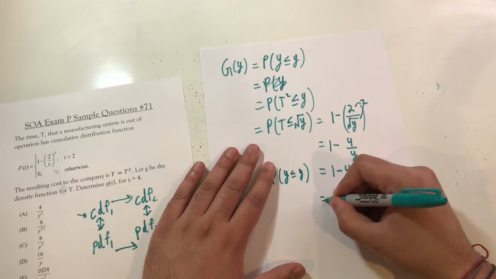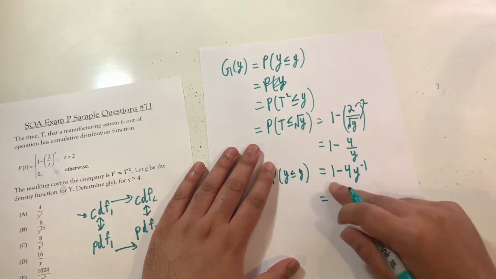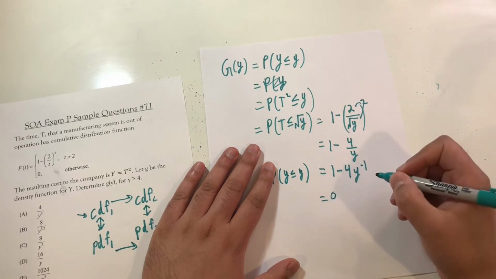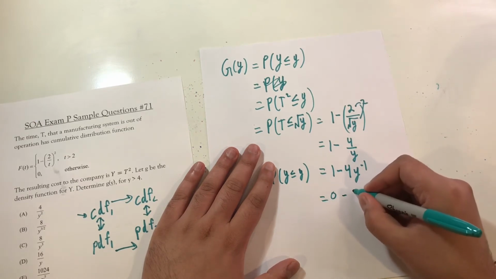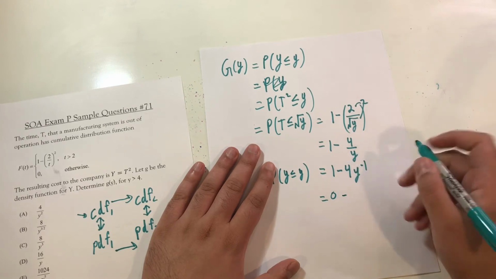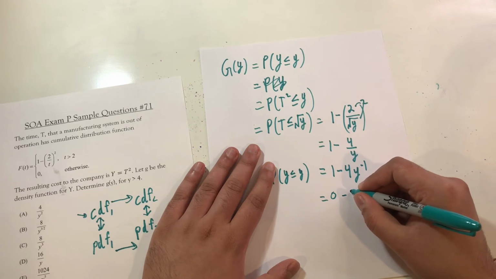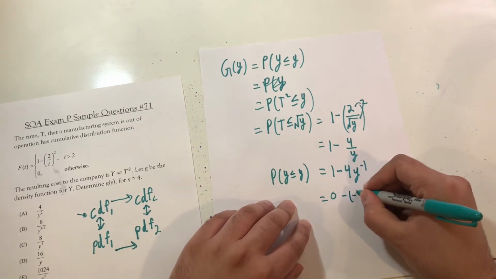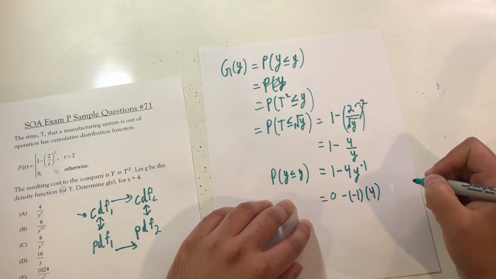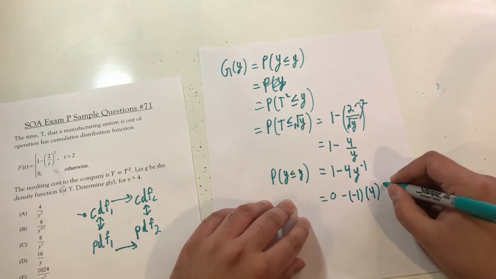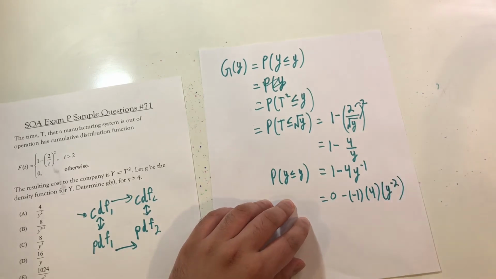So with a little bit of calculus, day one calculus, I take the derivative of 1, which is just 0. This becomes minus, the derivative of this goes down, so this will become negative 1 times 4 times y to the negative second. Just like that.